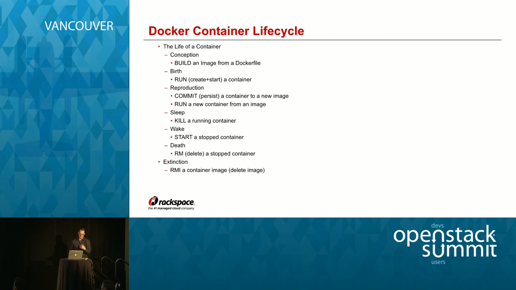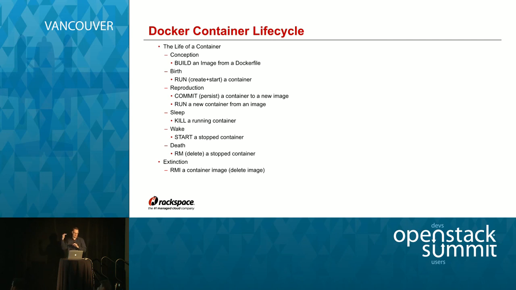There's sleep. You can either stop the processes by using a Docker stop command, or you can actually kill off all the processes in the container and then start them up again later, which is much, much faster than creating a whole new container. Then there's wake. You could start ones that are stopped. There's death, which you can do an RM on a container.